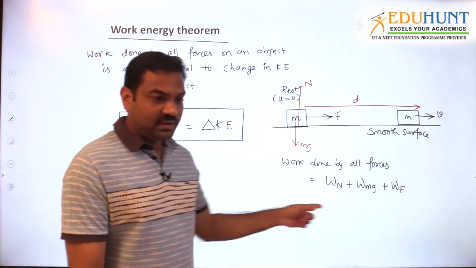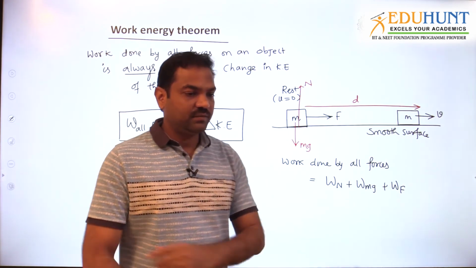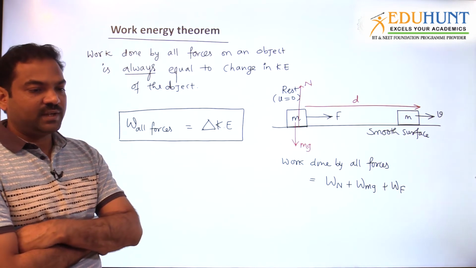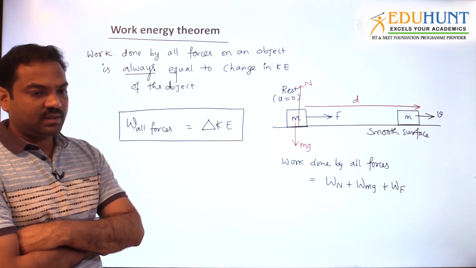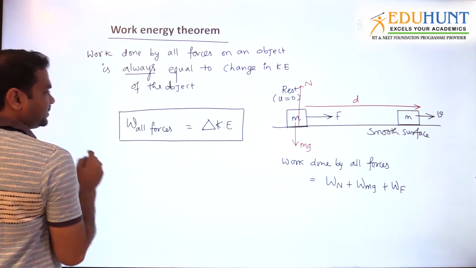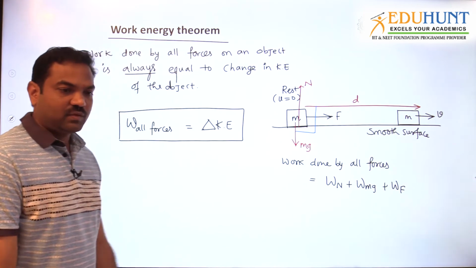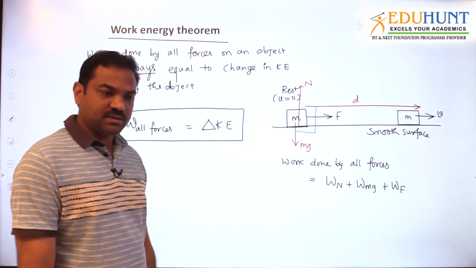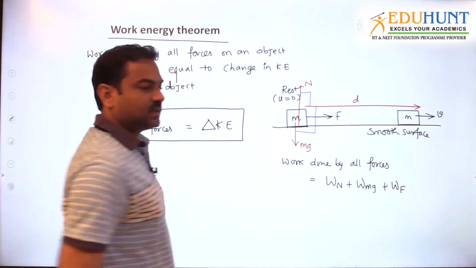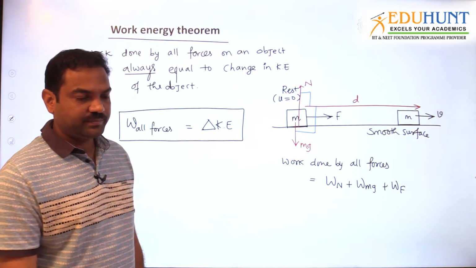Okay? Now find out what are the values. Write down this and find out what is the total value of work done by all forces. It's easy only. Mg and displacement are perpendicular to each other. Whenever forces are perpendicular, what is the work done? 0. Similarly, the normal reaction and displacement also are perpendicular. Then what is the work done? 0.